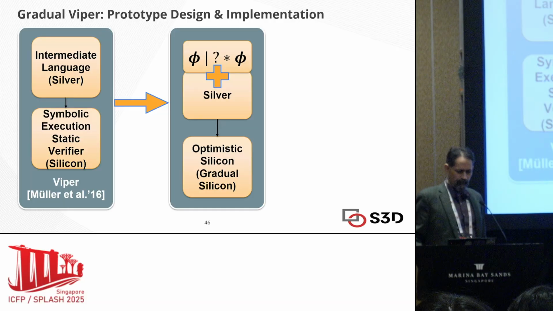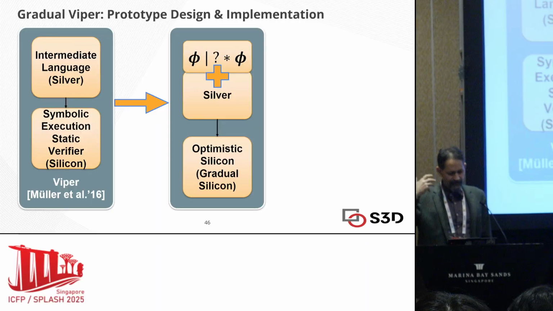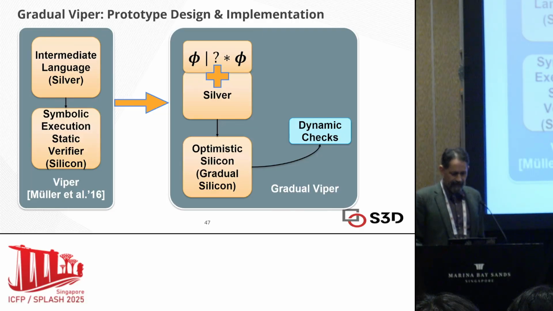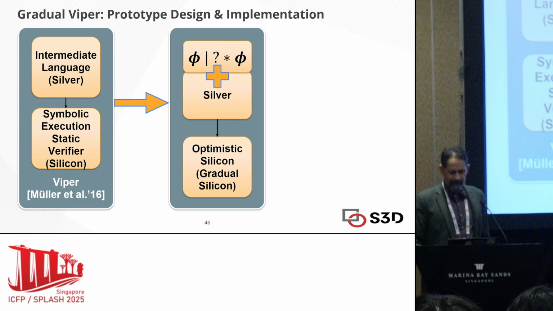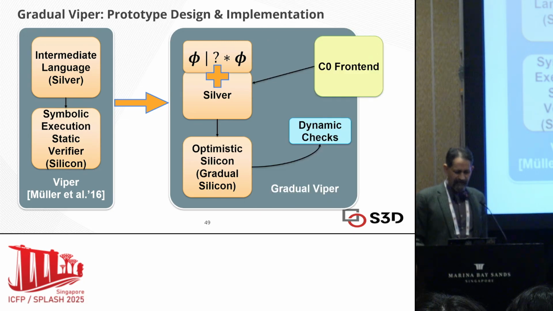So we extended their intermediate language with gradual specifications that have question marks. We extended the symbolic execution with an optimistic approach. And we had the optimistic checker generate dynamic checks for soundness at runtime. And then we connected that to a front end in a subset of C, which does the checking.